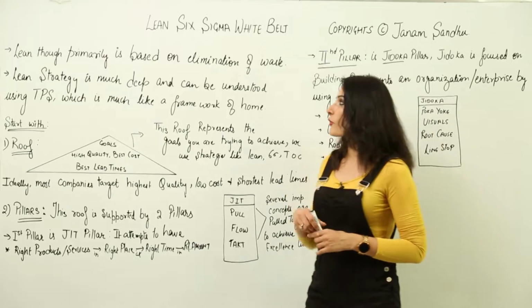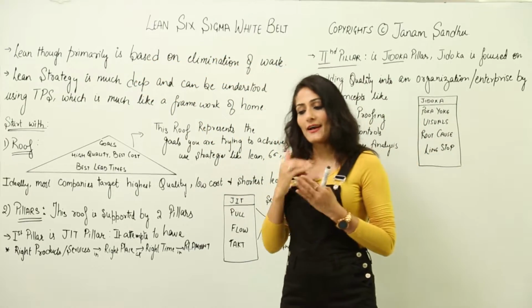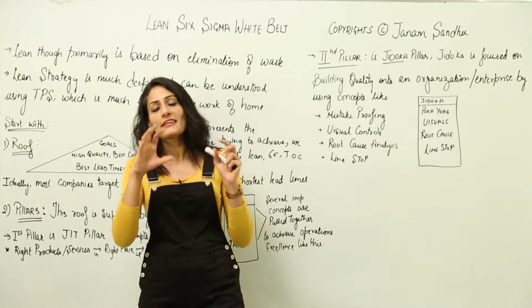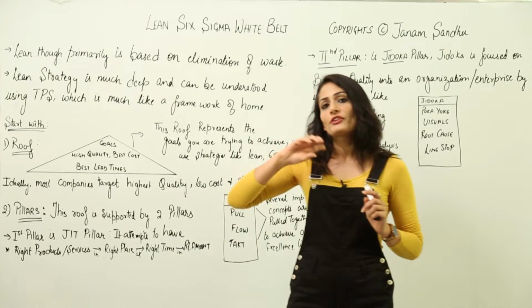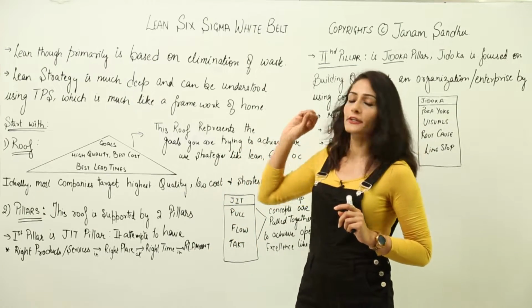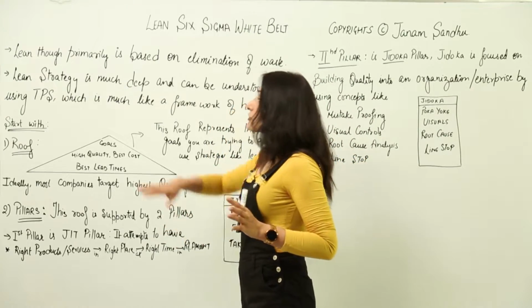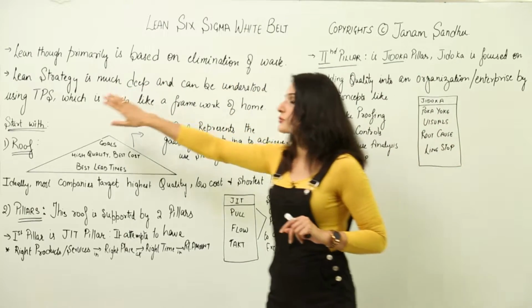Though the primary focus of Lean is based on elimination of waste, as I mentioned earlier, the Lean philosophy is actually derived from the Toyota Production System, which is TPS, and it was introduced by Toyota, which is an automobile manufacturer. So, the Lean strategy is much deeper and can be understood using TPS.